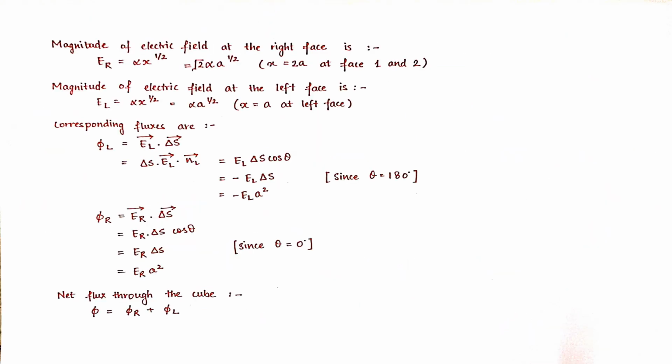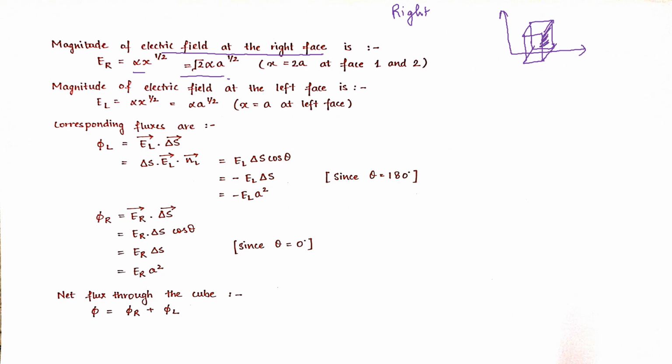Now the magnitude of electric field at the right face will be given in this way. When we are going with the right face, see in this diagram, which one is right face? The right face is on the right hand side.